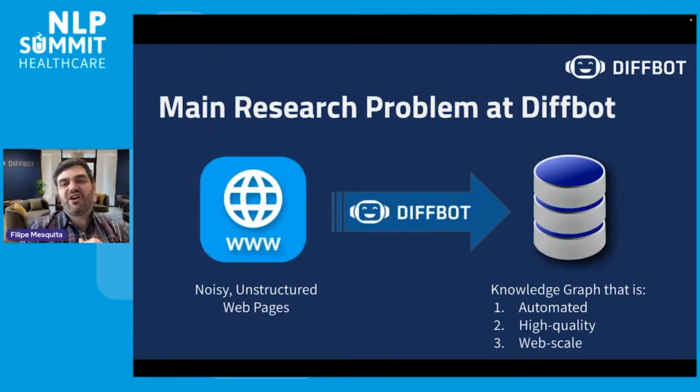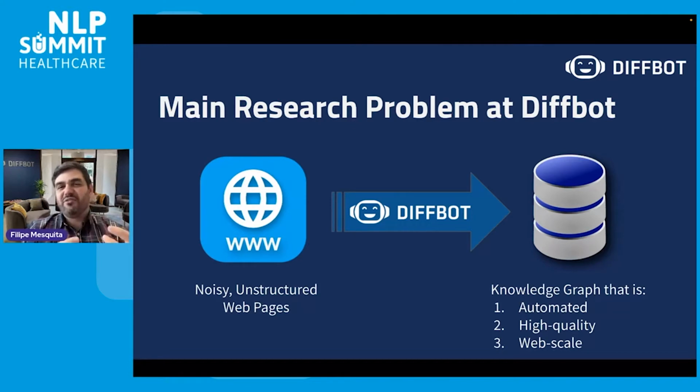Diffbot is trying to solve the problem of creating these knowledge graphs automatically, and we are using the World Wide Web, the internet, with all its noisy and unstructured web pages that contain the information that we as humans have already put all the effort into writing on the web.